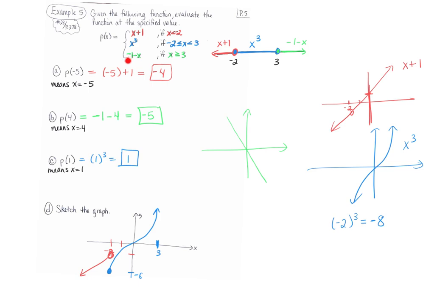Whenever you have -1, that means we drop this down 1. Can make it a little better. That means we drop it down 1.